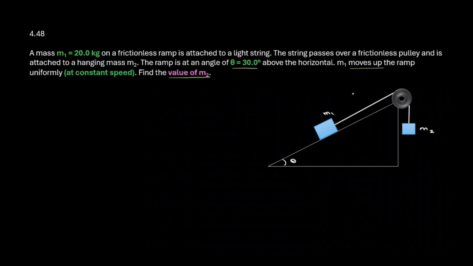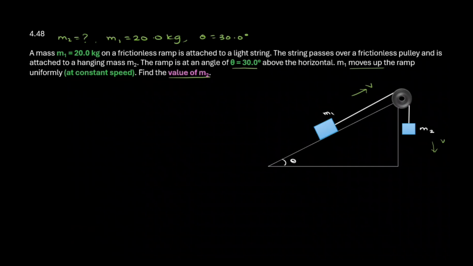The mass M1 moves up the ramp with a constant speed, let us call it V. And since M1 and M2 are attached by the same string, M2 has to move down with the same speed V. We need to find the value of mass M2 when M1 is given as 20.0 kilogram and the angle with which the ramp is raised is 30 degree. So let us begin by showing the forces acting on these masses.